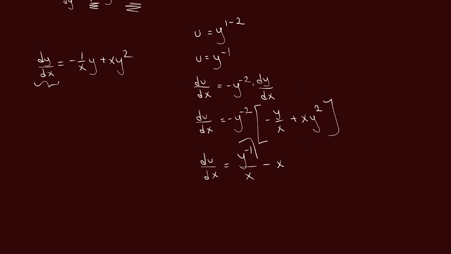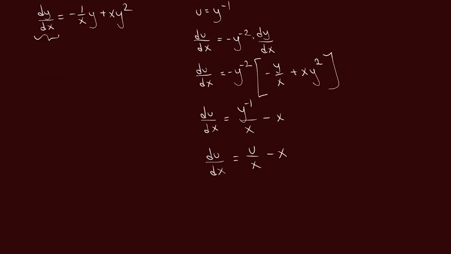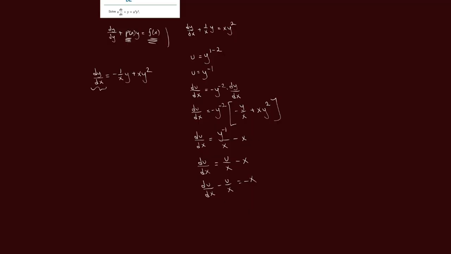Now recall, u is equal to y to the power of minus 1. Now let's bring that to the other side. And look at that, that more matches this equation: du over dx plus p of x times u equals f of x.